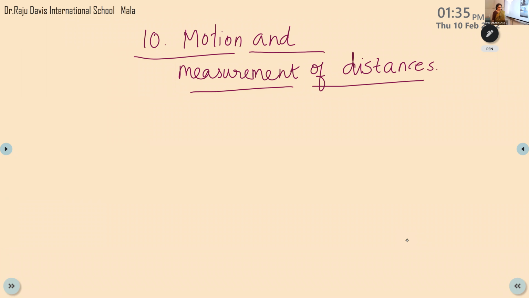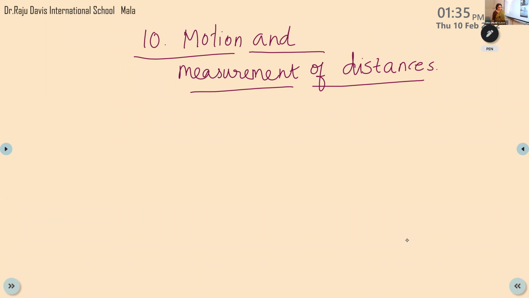Rectilinear. Okay, where did you hear that word? Ma'am, in the chapter light, shadows, and reflection. Very good, you understood well.